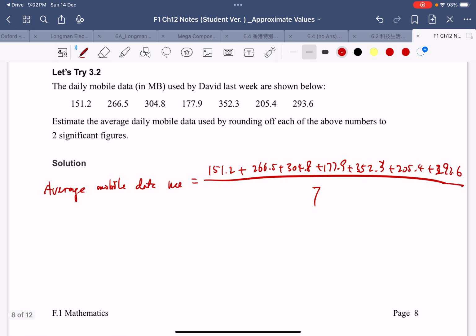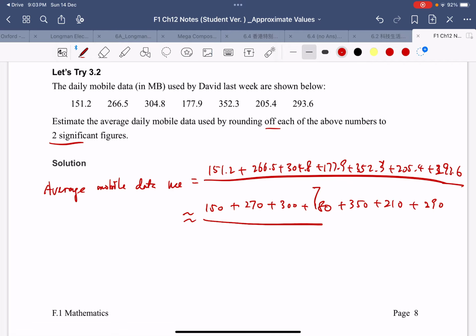And then approximately equal to, okay, rounding off to two significant figures. So 1 2 here. Okay, 2 significant figures. Okay, divide by 7.